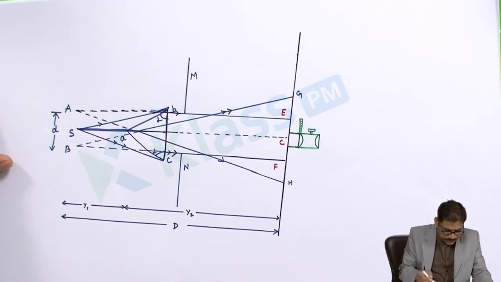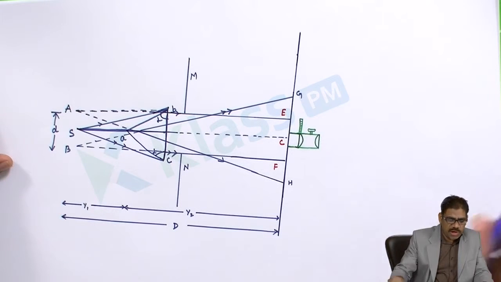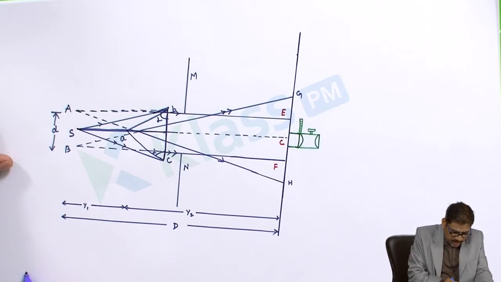In the first case, what we have seen, SA is normal to BC, up to that point is what we have confirmed.